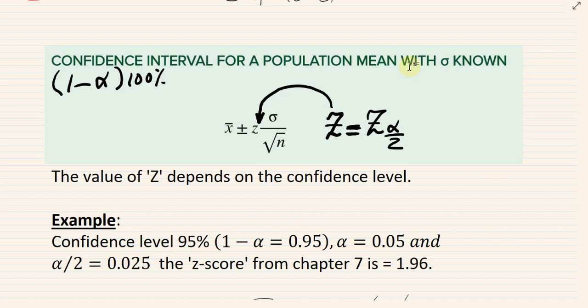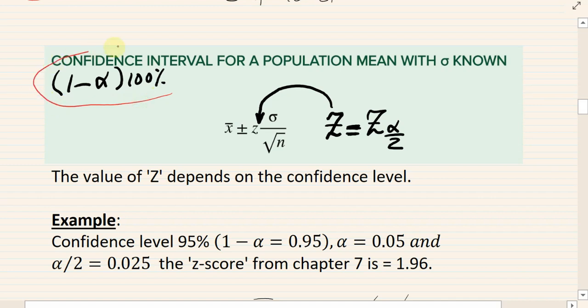Okay, now here's the general formula for confidence intervals. I've changed it slightly. I added my own here. I have 1 minus alpha, 100% confidence level, right here. See that? And the z here that the authors of this book have should be z sub alpha over 2.